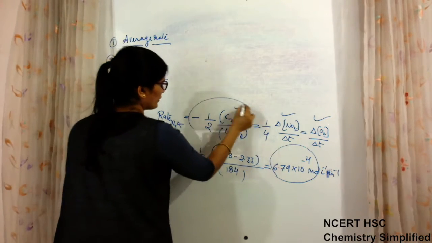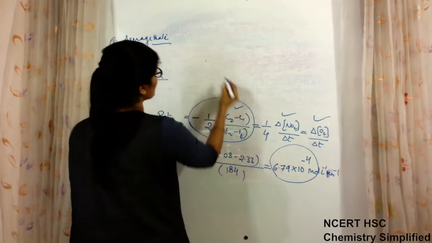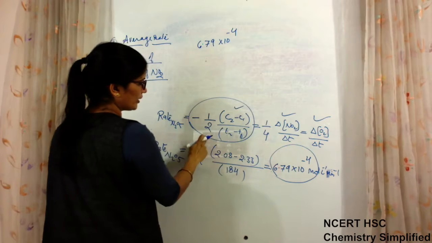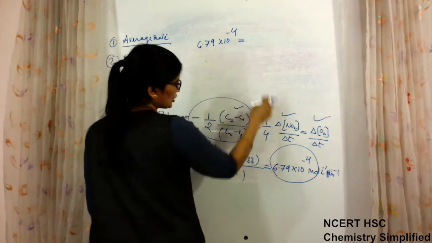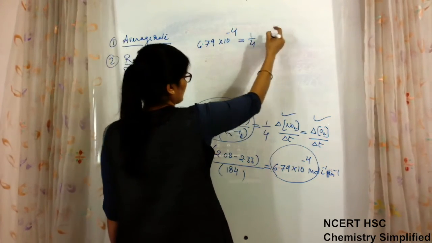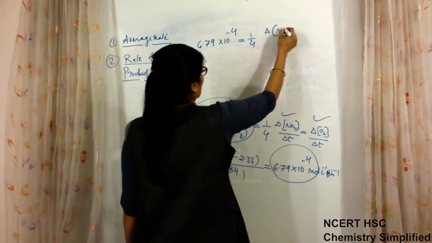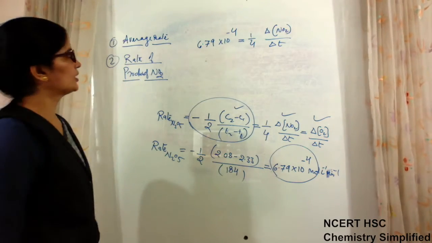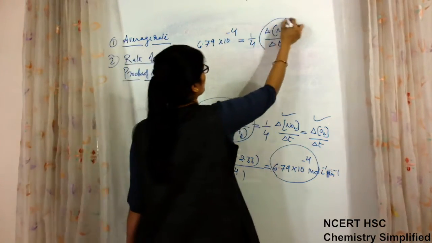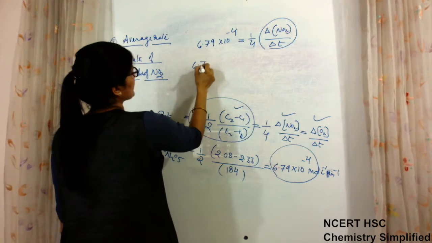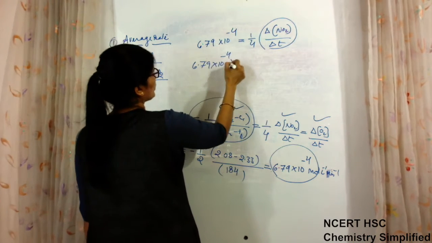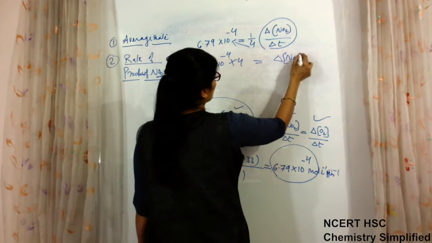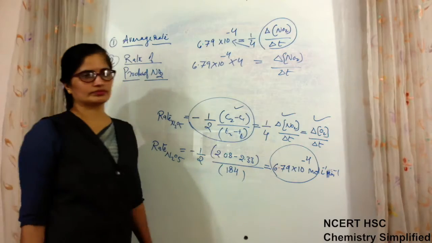So this value we have calculated. This value is 6.79 into 10 to the power minus 4. This whole value, 1 by 2 divided, is equal to 1 by 4 rate of formation of NO2 upon change in time. So rate of production of NO2 will be equal to 6.79 into 10 to the power minus 4 into 4, equal to delta NO2 upon delta t.